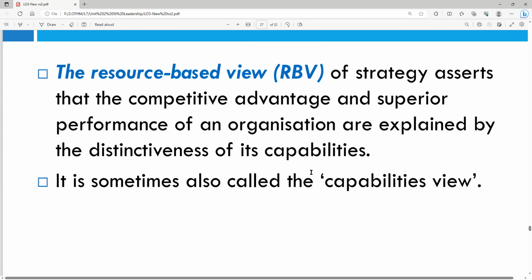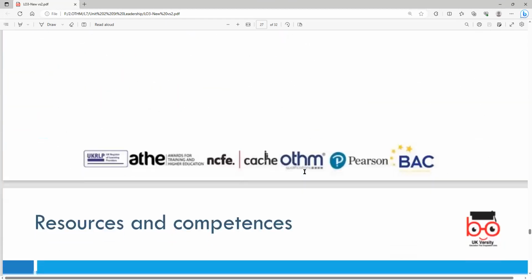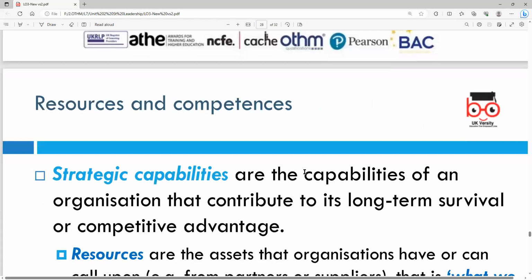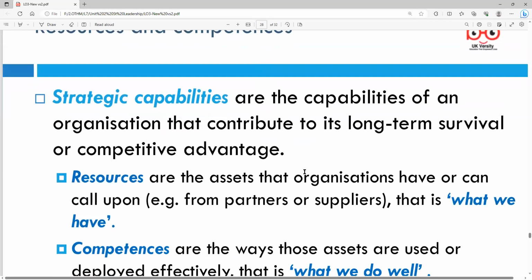Okay, RBV, resource-based view. We can use that to develop our being efficient. Another thing we can use, or resources and competencies, we can use strategic capabilities.